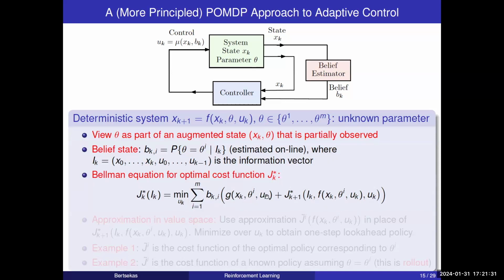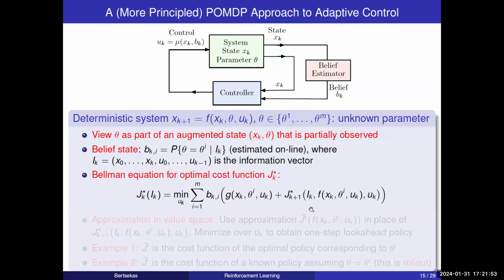One is the expected cost. The cost values corresponding to the different values of the parameters, but weighted according to the probabilities of these parameters. So this is expected cost because this b is a probability distribution.